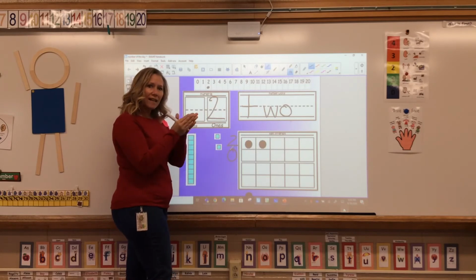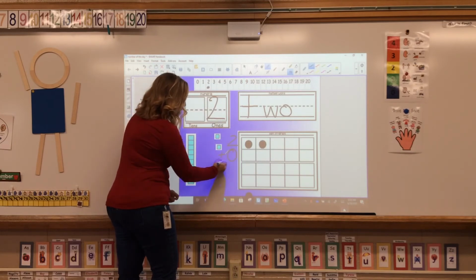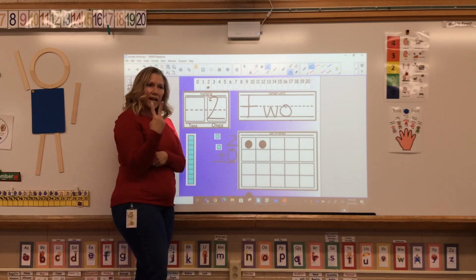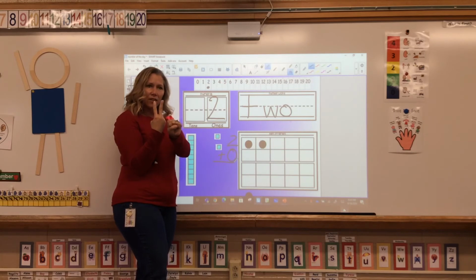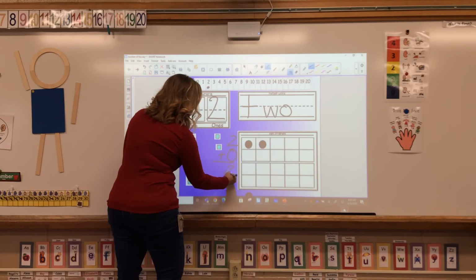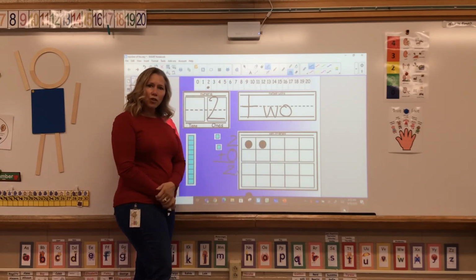Addition is when you're adding things together. It says 2 plus 0 equals, so if I have 2 and I have none on this hand, how many are all together? 2. 2 plus 0 equals 2.